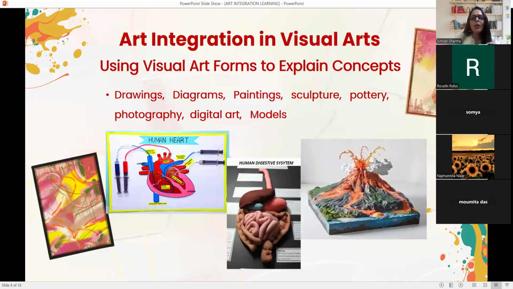Look at the volcano. It's a 3D model. To explain a volcano, if you don't show anything and just explain, it may catch their imagination, it might not. But this 3D model gives a lot of information. For example, it's a landform which is raised. The volcano is erupting from the mountain.